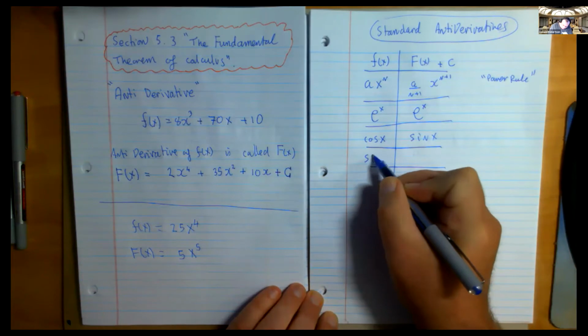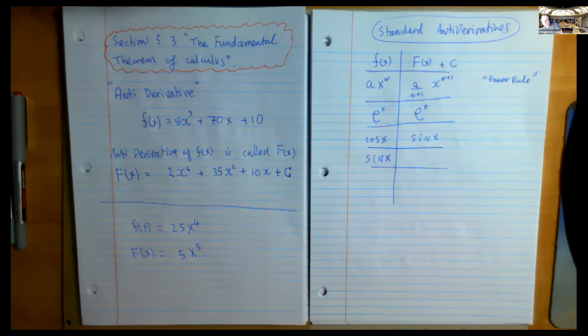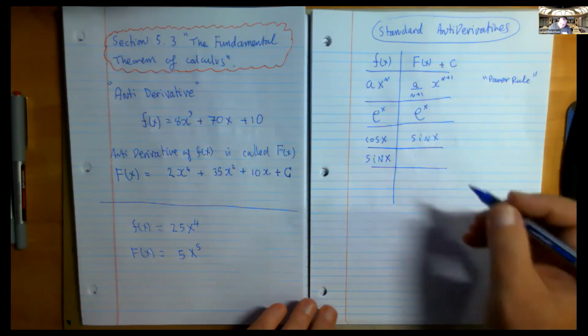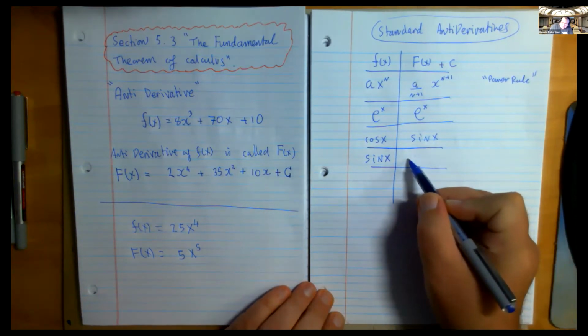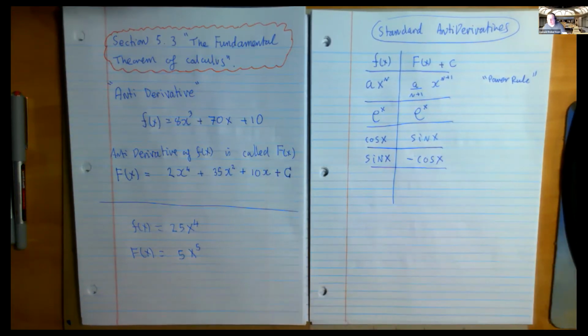Now, the one that tends to cause the most mistakes is the antiderivative of sine x, because the antiderivative of sine x is what? Negative cosine. And that's why that one causes trouble, because you are probably really good at differentiation, right? You've done quite a lot of them. And when you differentiate sine x, don't you get cosine x?